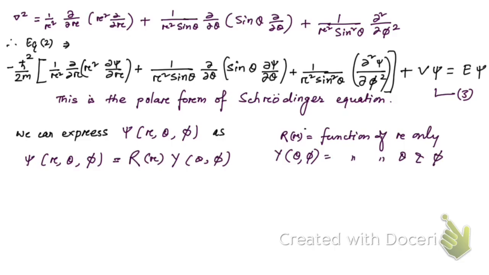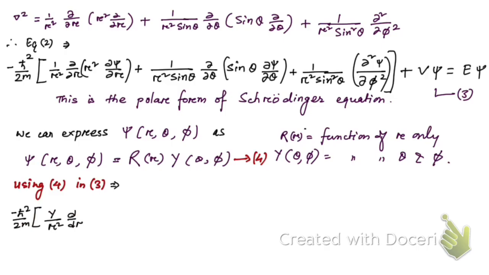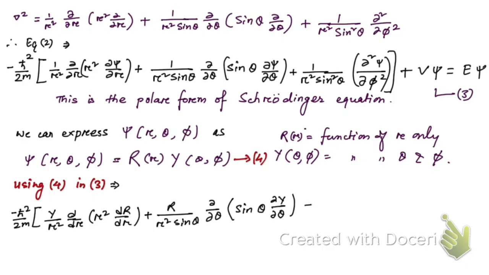Using 4 in equation number 3, we have got this form. I will explain how we have got this. Let me write the equation first. Here is the equation. This is what we have got, right?